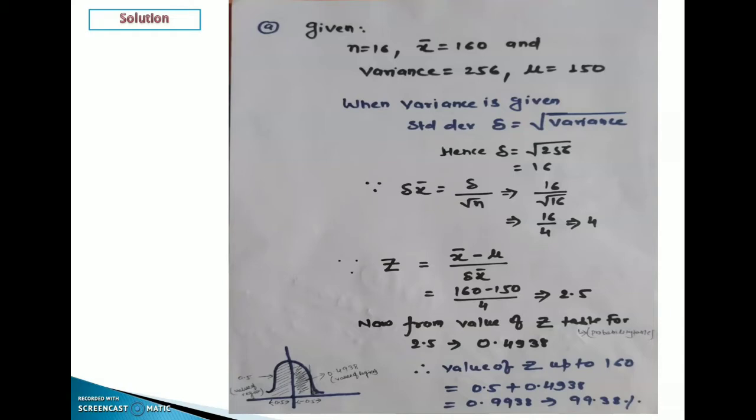We also have one formula of z. Z is equal to x bar minus mu divided by sigma x bar. Here mu is 150, x bar is 160, and sigma x bar is equal to 4.